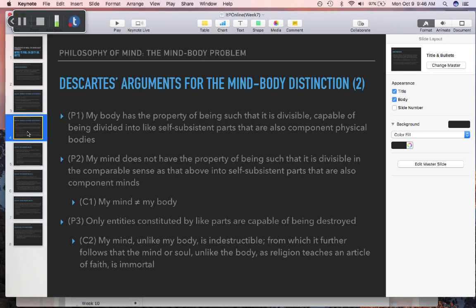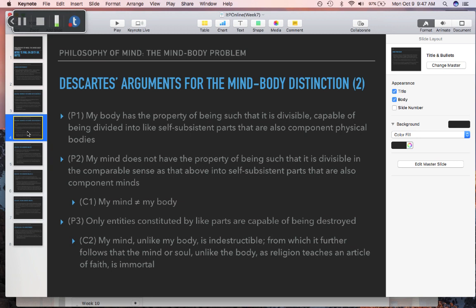Premise 1: My body has the property of being such that it is divisible, that is, capable of being divided into self-subsistent parts that are also component physical bodies. So what he's saying there is, for instance, I could chop off my finger and it would be a thing, a finger, or a hunk of flesh, something that exists on its own, right?